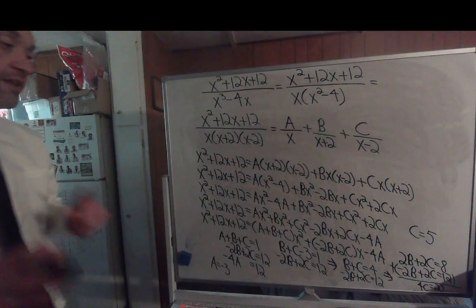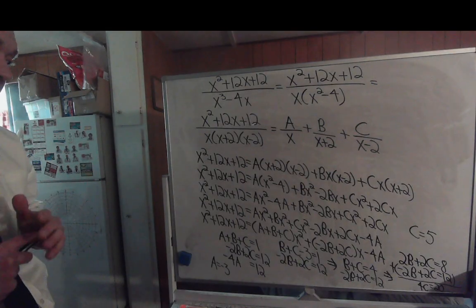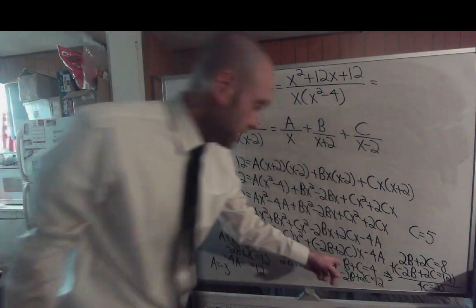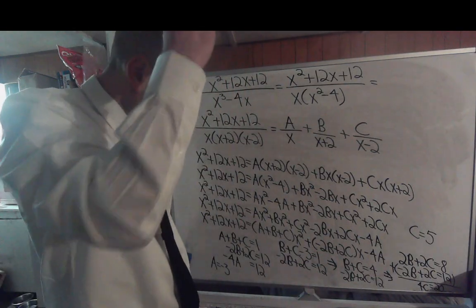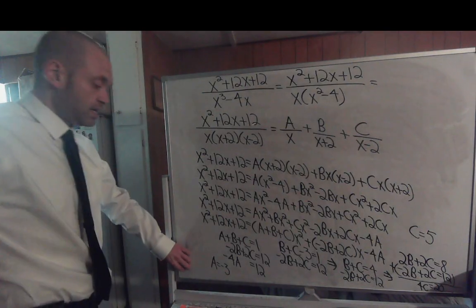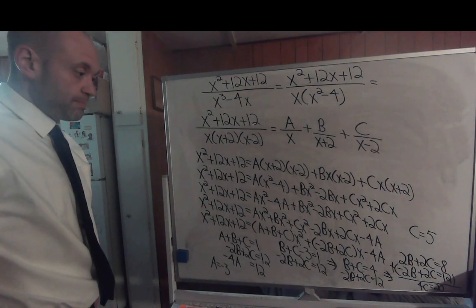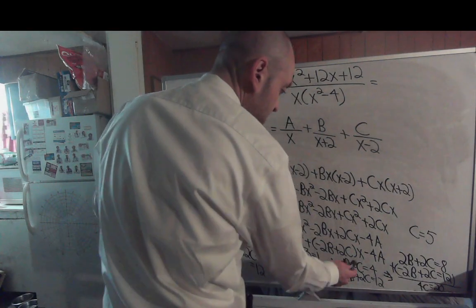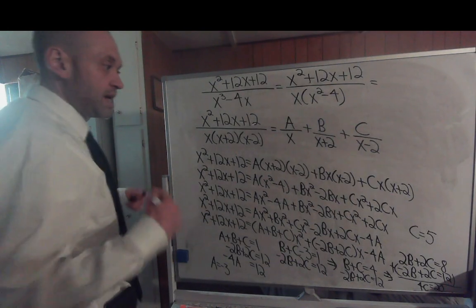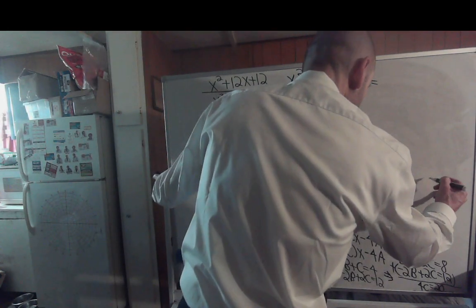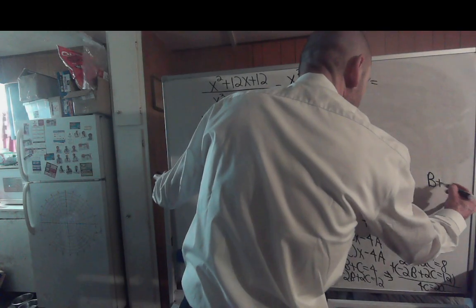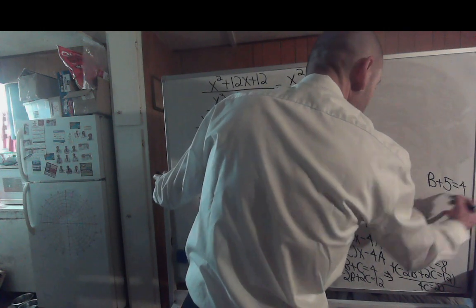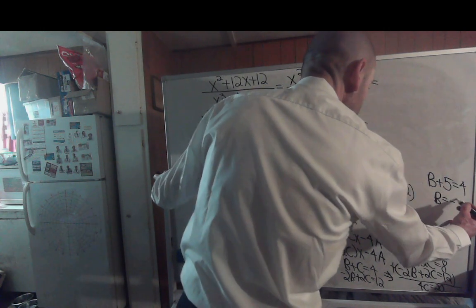Now all I have to do to solve for b is put that into one of these equations here. So I'm personally going to pick b plus c. So that would end up being b plus 5 equals 4, which would have to mean that b equals negative 1.